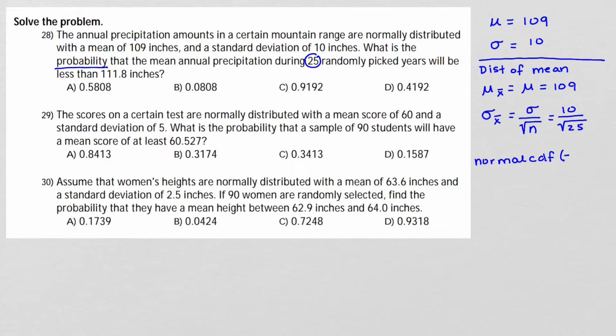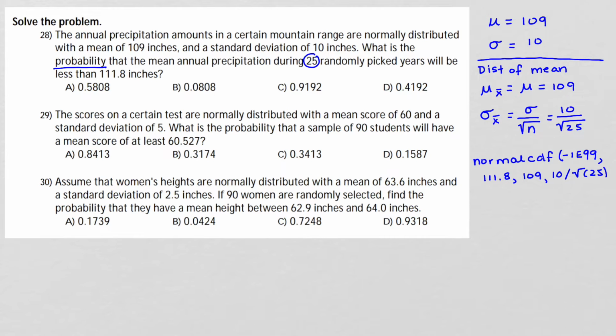So that means there is no lower limit, and I'm going to put in -1 E99. That's often the default that's already in there, but if it's not, you can type that in. And then the upper limit is the 111.8. The mean is 109. And the standard deviation is 10 divided by square root of 25. And you can just type it in just like that.